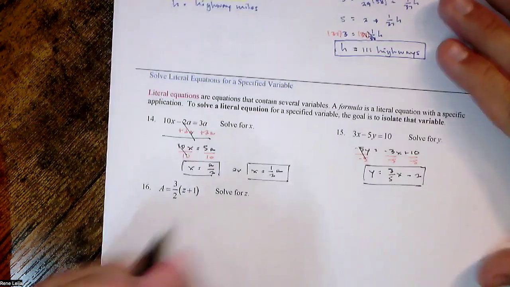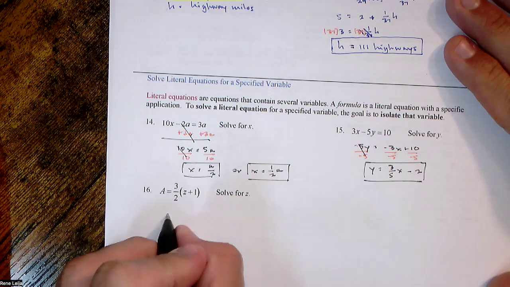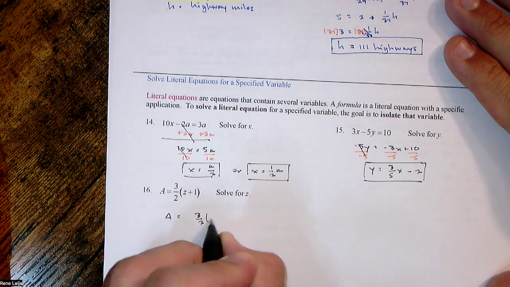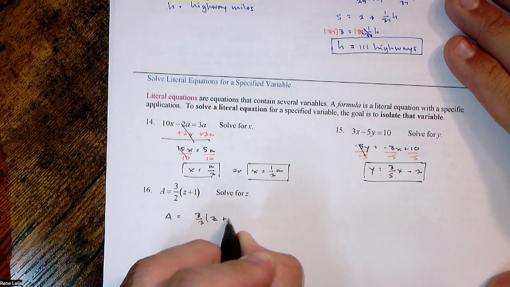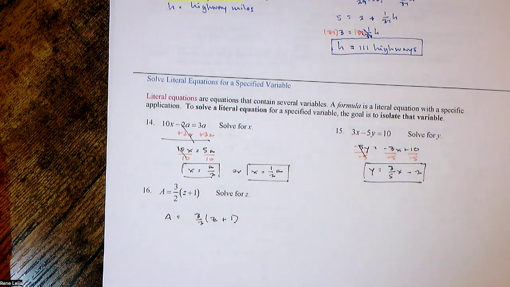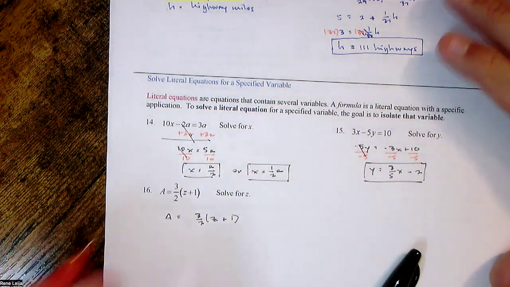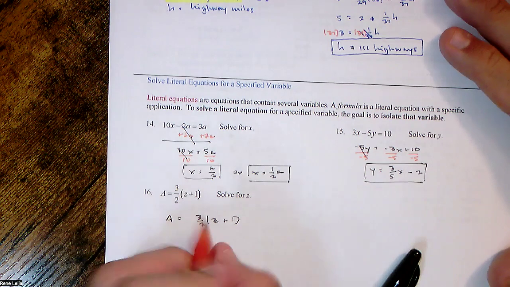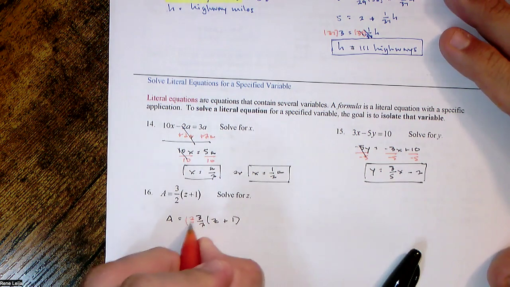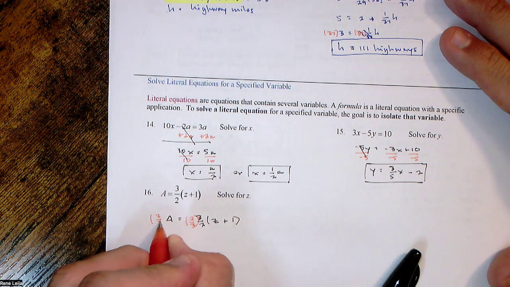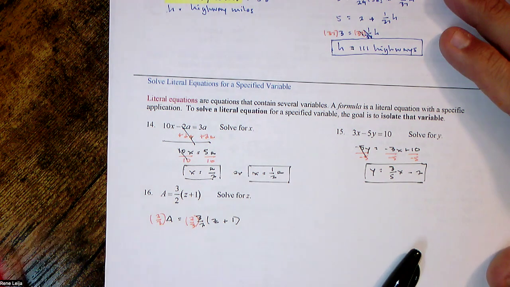Now for 16, we're going to solve for z, but z is stuck inside that set of parentheses. So it's kind of like an onion. We have to start peeling it away. So the first thing that I need to do is get rid of the 3/2. Since it's a fraction, I'm going to multiply by the reciprocal, but I'm going to do that to both sides. Remember, whatever you do to one side, you do it to the other.